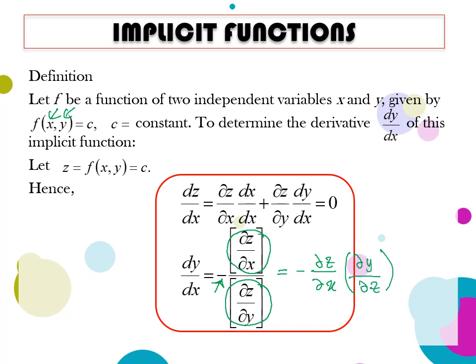If you use this formula, you need to invert your partial derivative dz dy to del y del z. If you use the formula by division as written here, you just put dz dy.